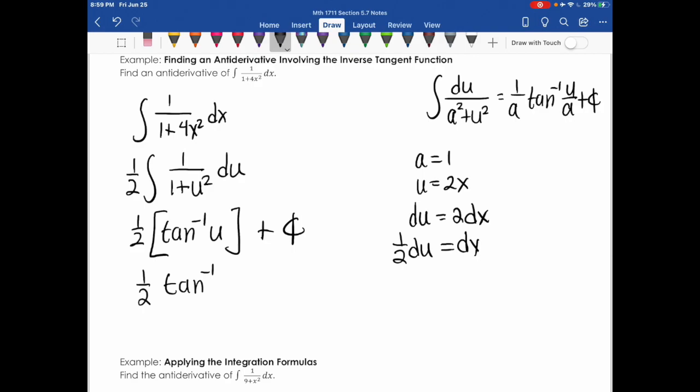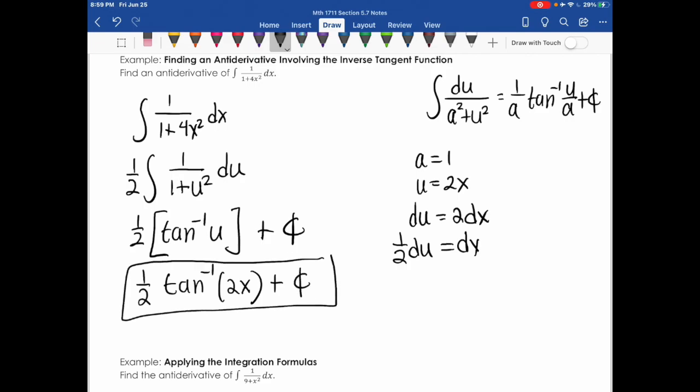Now, when I go back and resubstitute, I'm going to have 1/2 inverse tangent, and then when I take the u and plug it back in, I'm going to get inverse tangent of 2x plus my constant.